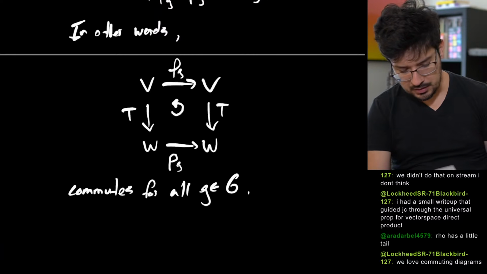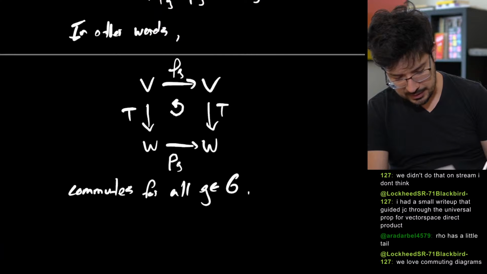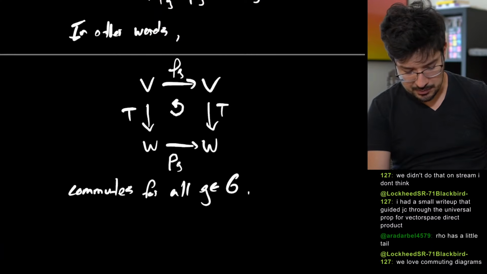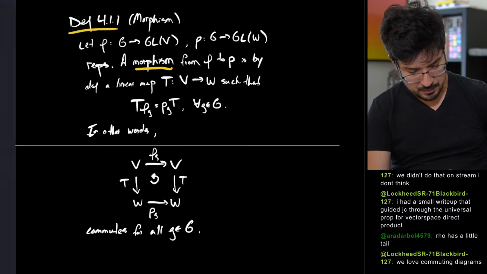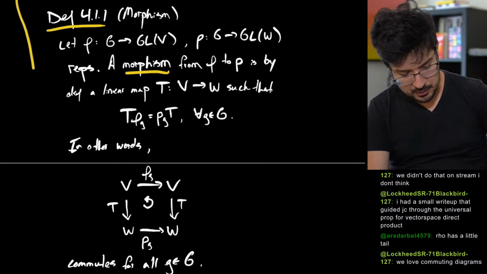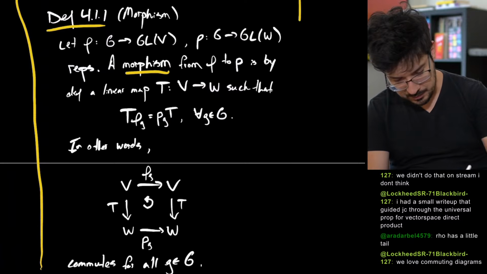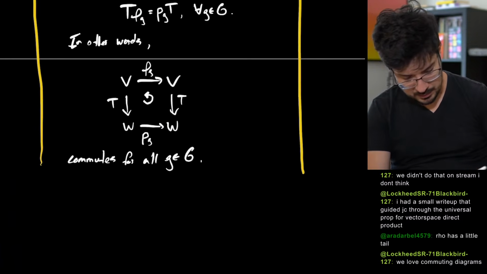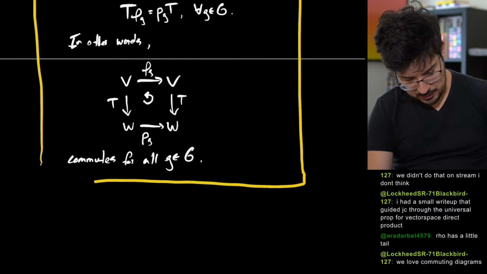You can draw a little backwards curly arrow to say that this diagram commutes. Okay, sick. Dude, this is really cool. This is super cool.